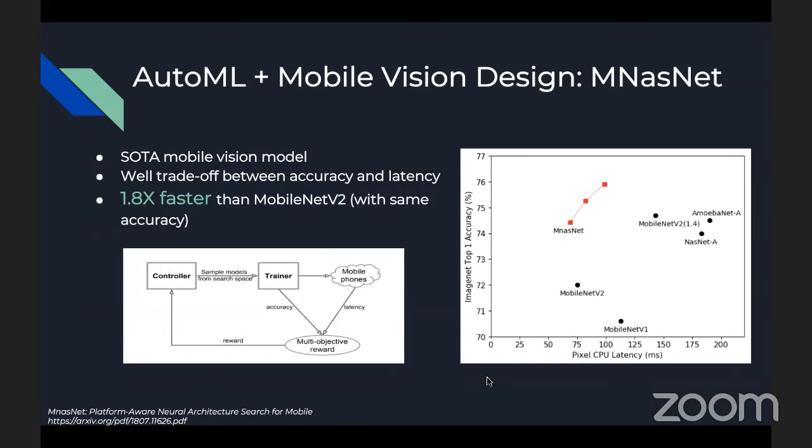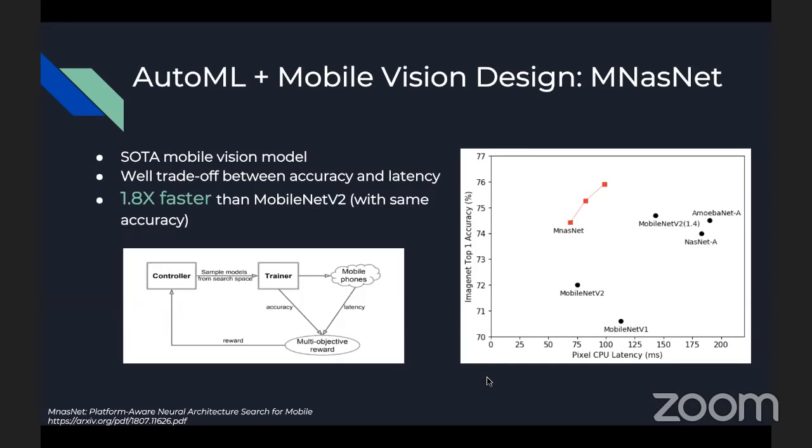From the chart on the right, you can see that this is a two-dimensional chart. We consider both accuracy, which is the y-axis, and latency, which is the x-axis. And the upper left corner is the better one.